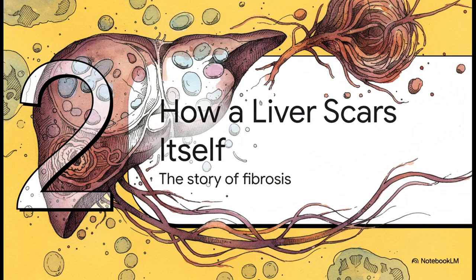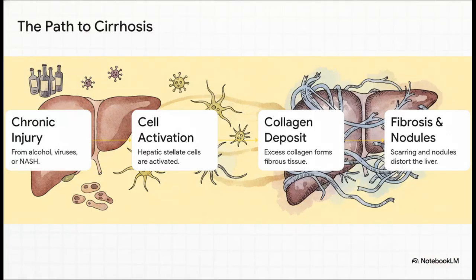So how does a perfectly healthy liver get to this end stage? Well, it's a long story of chronic injury and this haywire wound healing response that goes on for years and years. The whole process kicks off with some kind of persistent insult. Maybe it's alcohol, maybe a virus like hepatitis, or increasingly non-alcoholic steatohepatitis, or NASH.